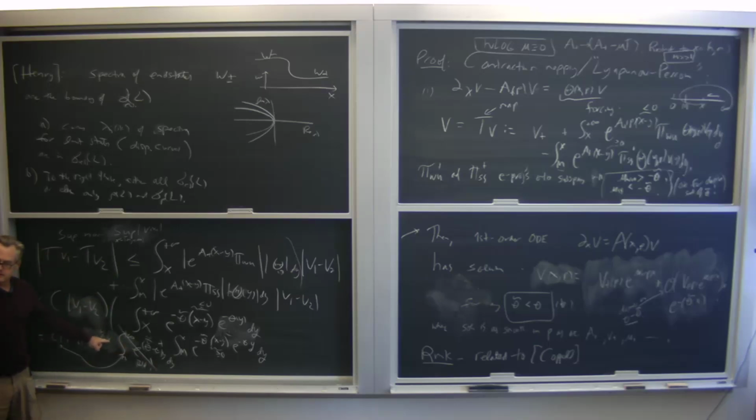But I can achieve that by going back and re-choosing m, because x is bigger than or equal to m by assumption. So this is a large argument here. So no matter how small theta tilde is, I can make c times e to the minus theta x be uniformly less than 1/2, say. And then it's a contraction.